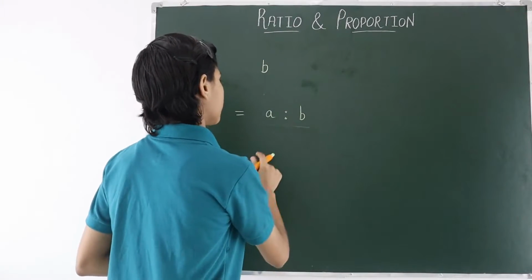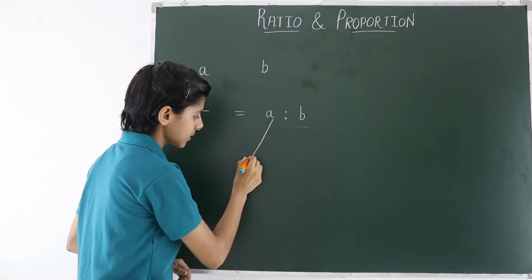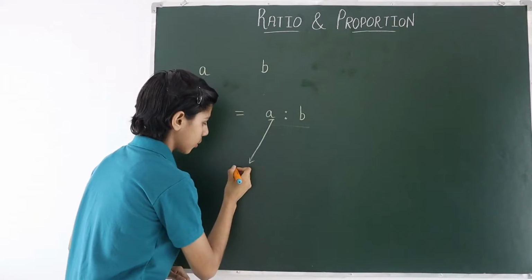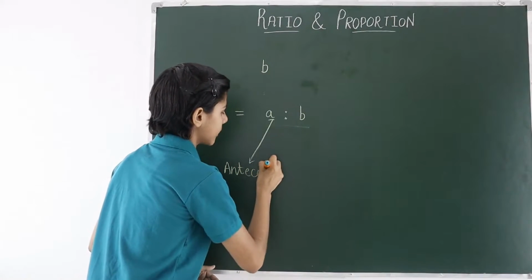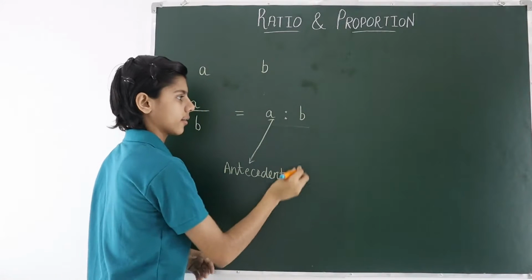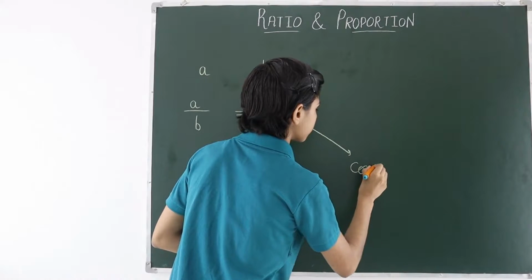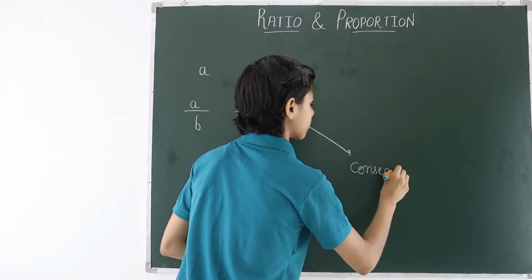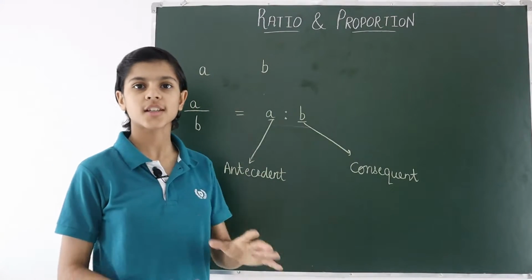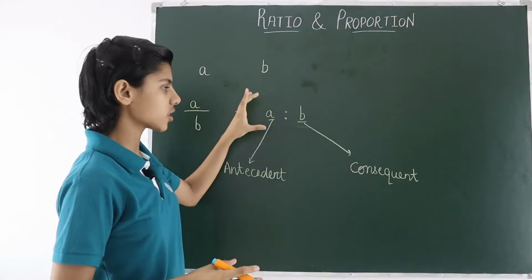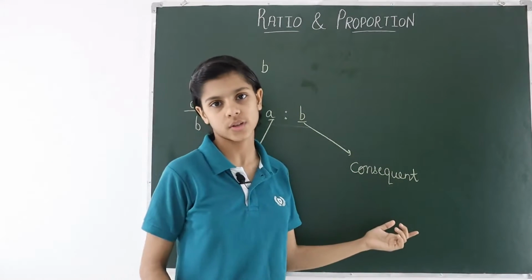See, here the first quantity in the ratio is known as antecedent. We always call the first one antecedent, and the next one is consequent.